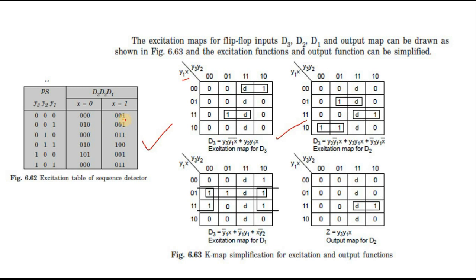Okay, so that means y1 is 0 and 0, D1 D2. So x equal to 1 is there. At that time y1 x, so x equal to 0 case.